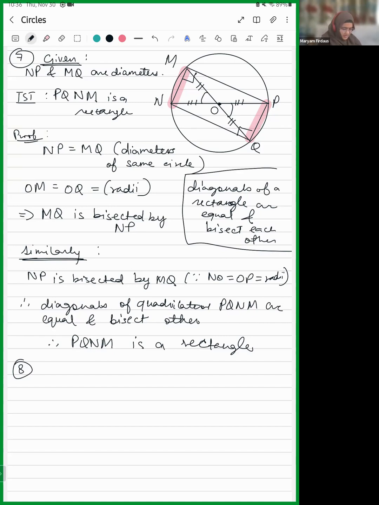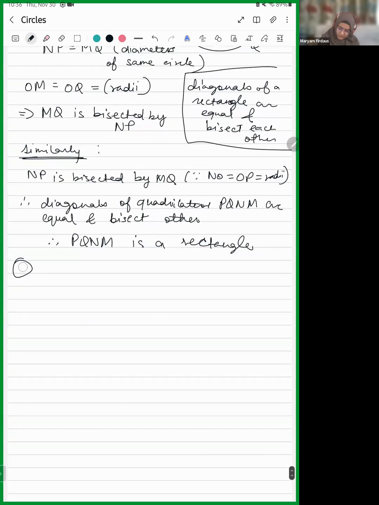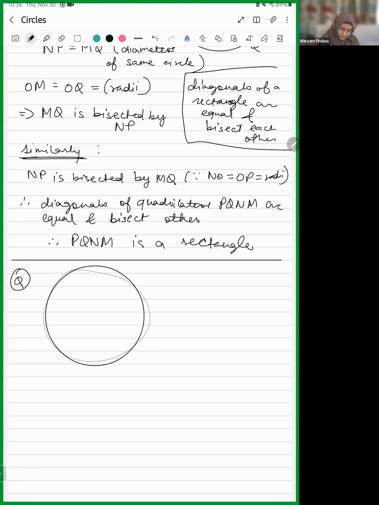Okay, this is a very basic one. Let's do it. In this question, nothing special is given. There's no special information being given to you.